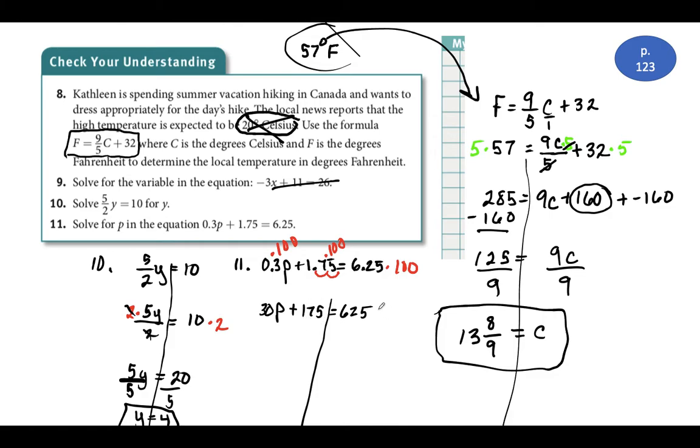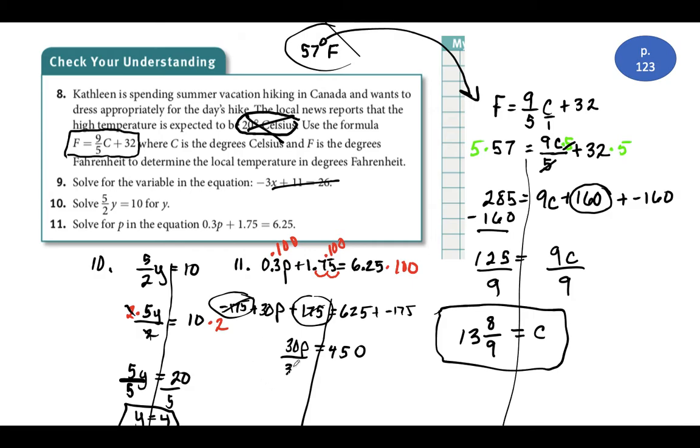So let's get rid of this 175 by adding negative 175 to both sides. So this term and this term eliminate each other, and I get 30p is equal to 450, right? I'm pretty sure it's 450.